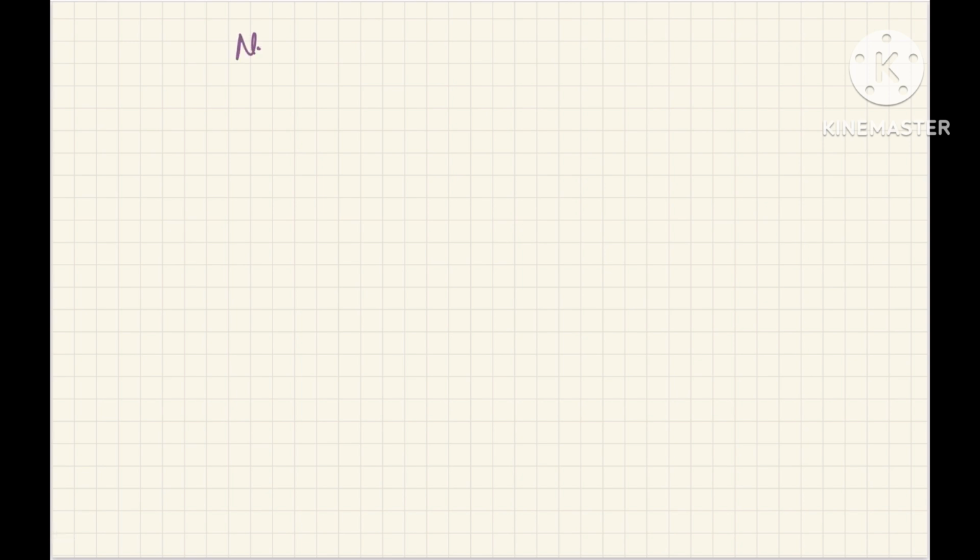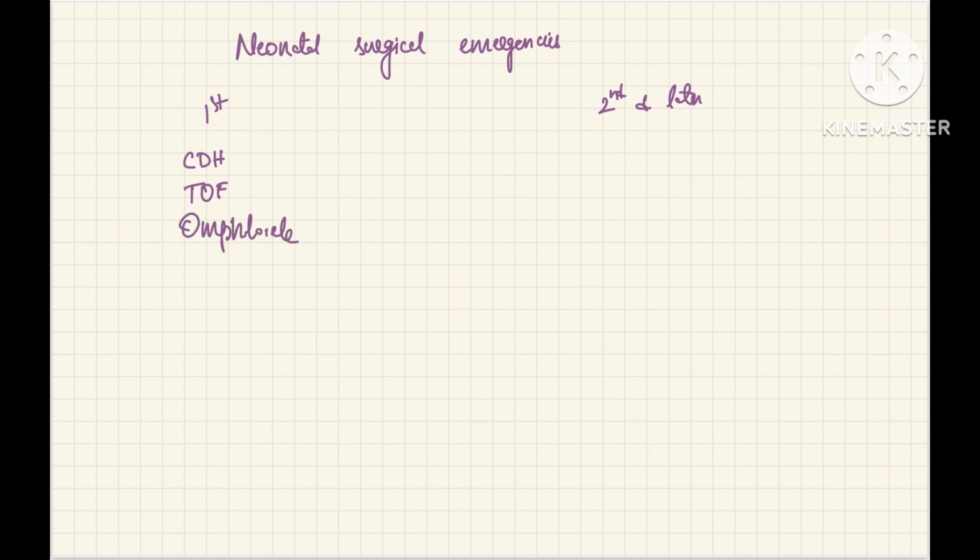Let's discuss a few neonatal emergencies in the first week of life and the second week and later. In the first week of life, it is congenital diaphragmatic hernia, tracheoesophageal fistula, omphalocele, gastroschisis, intestinal obstruction, and meningomyelocele.